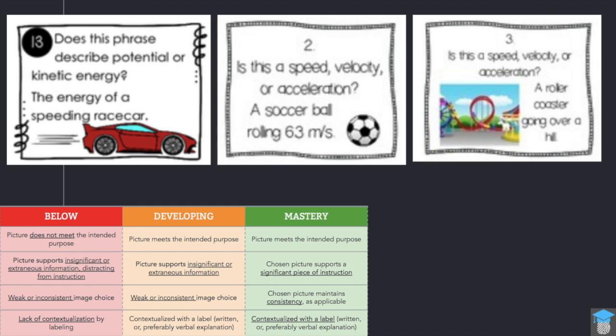So we're supporting visualization and getting a more accurate student response. So for number 13, that actually falls under mastery. But 2 and 3 are pretty tough representations. I would really put them in the below, maybe the developing category. They're not showing significant pieces of instruction, and they're not contextualized that well.